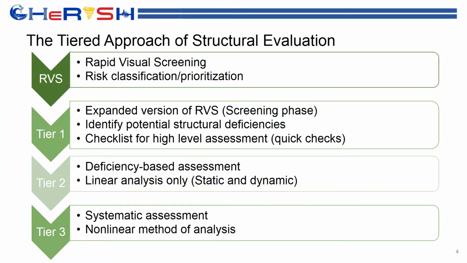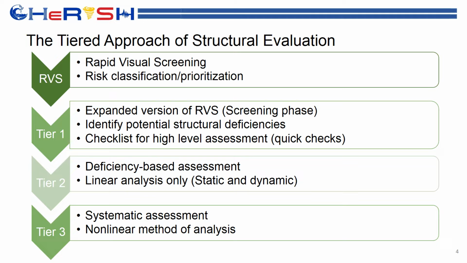However, if we want to go further and somehow increase the level of confidence we have in the way we analyze an existing building, then we can conduct what we call a Tier 3 assessment.